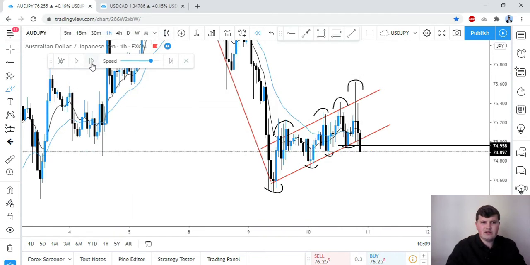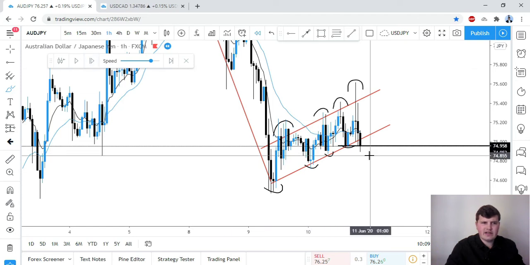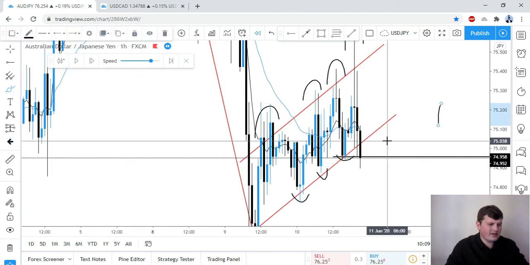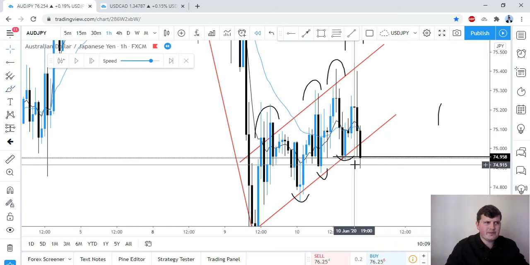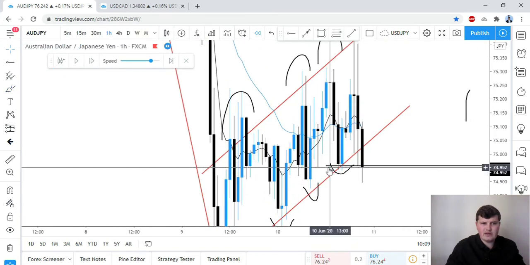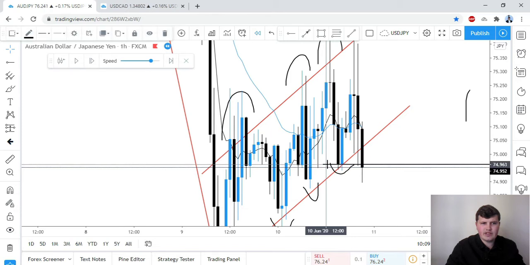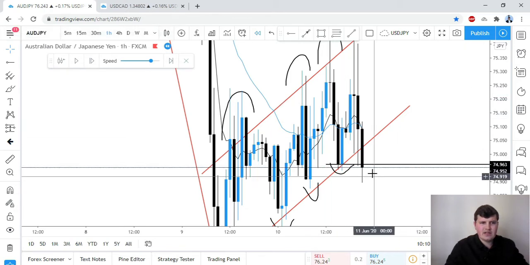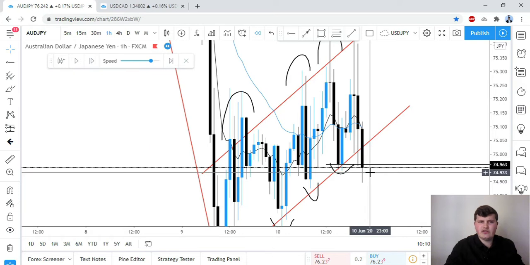Next candle it made lower, and as you can see over here, the closure of price was below this support area over there. Just delete this. So that would be your entry.